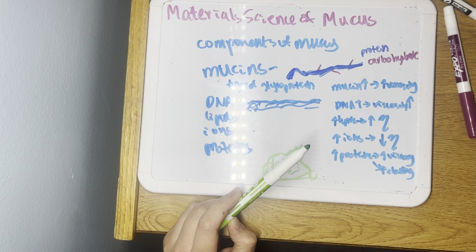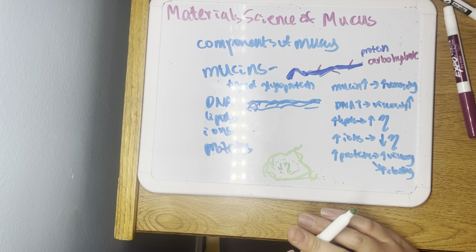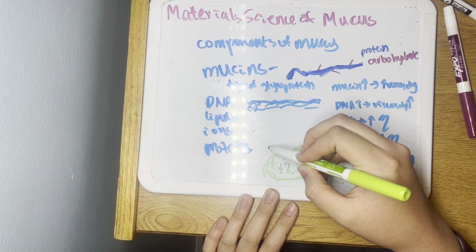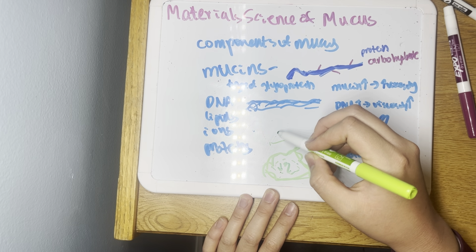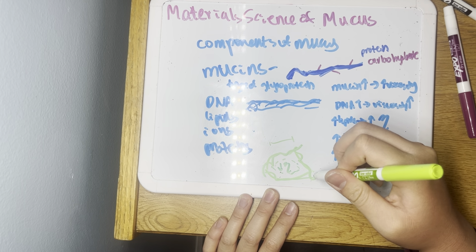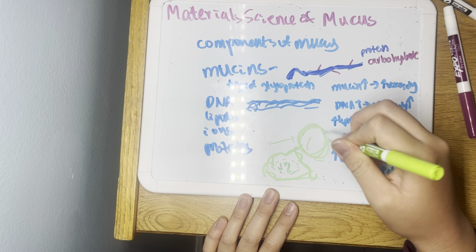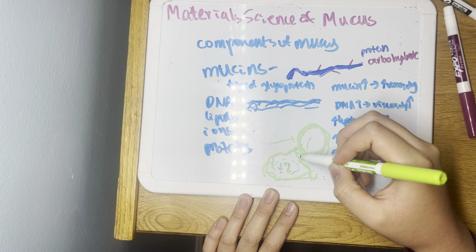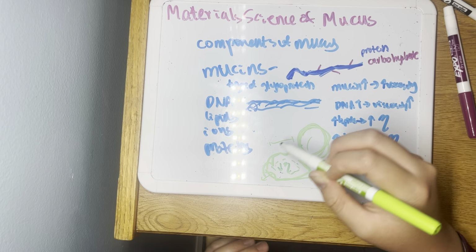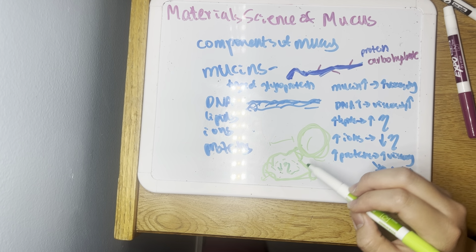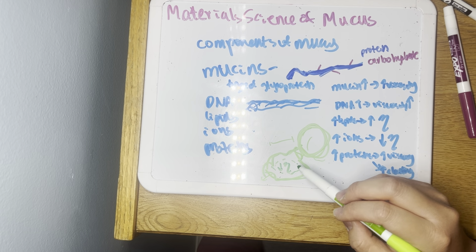So it has these different properties, and the way that they were able to figure this out, figure out how big the spacing is between the fibers, is there are certain viruses of different sizes. So if you have a virus that's bigger than this spacing, it'll diffuse through the mucus at the rate that shear will allow it to, based on what you would expect from the shear thinning behavior of the macrorheology.